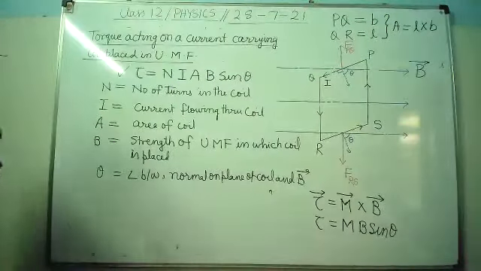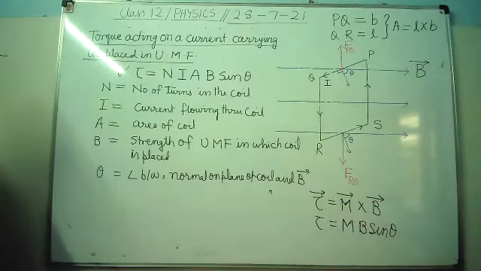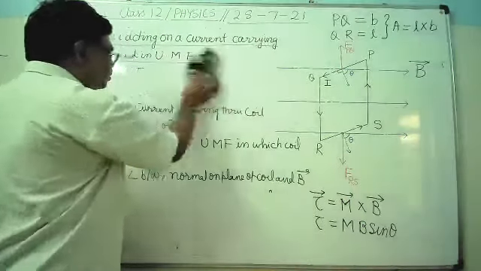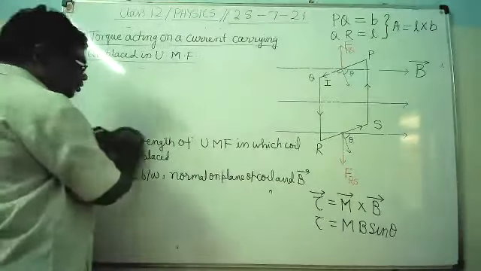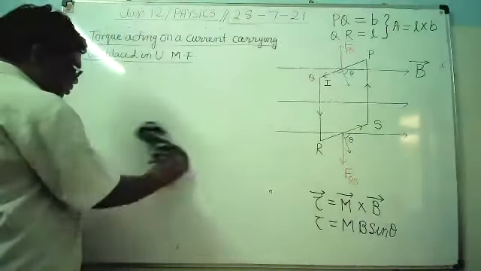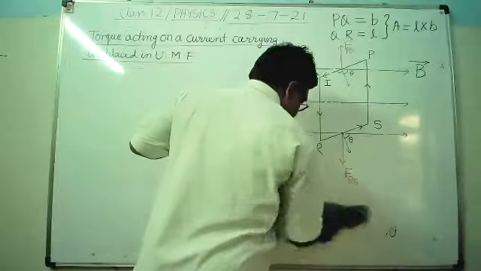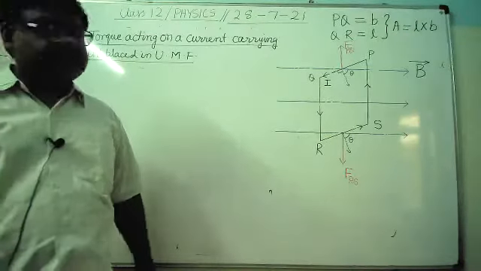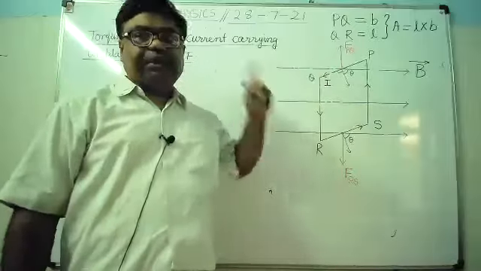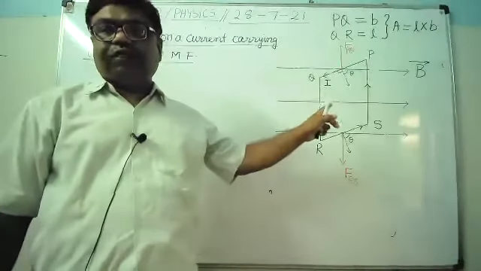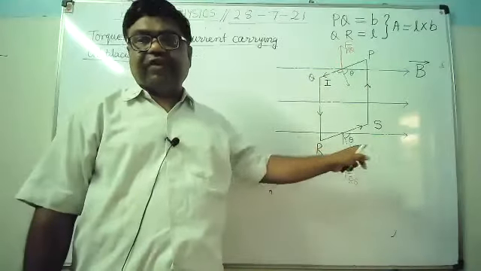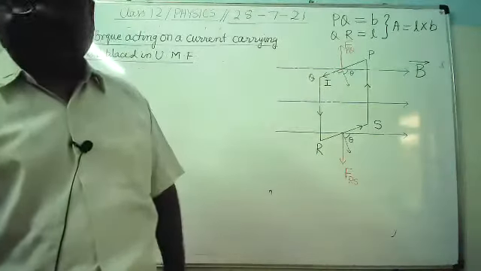you can note down this if you want to note, or you take the screenshot. So in the beginning you can write, let us consider a rectangular coil whose length is L and breadth is B. It's placed in the uniform magnetic field B. Let it carry current I and is having capital N number of turns.